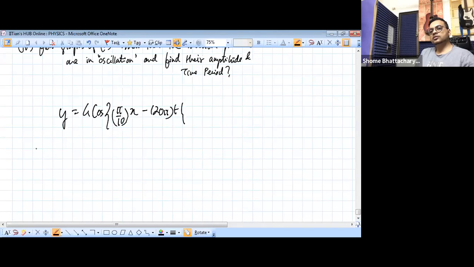Now we wanted to plot the first part, y versus x at t equal to 0. So that was simply the 4 cos(pi by 10 x) graph. This would look like a regular cos graph.